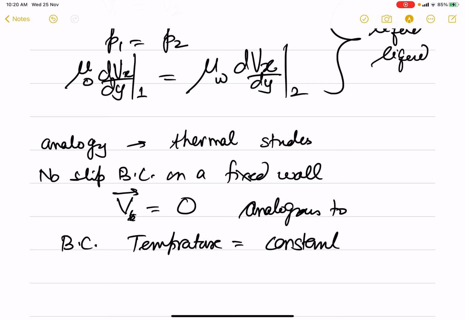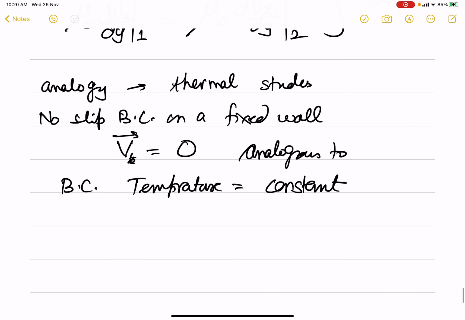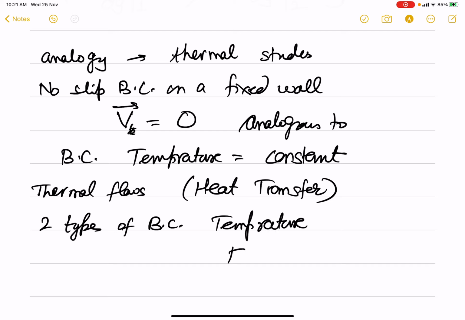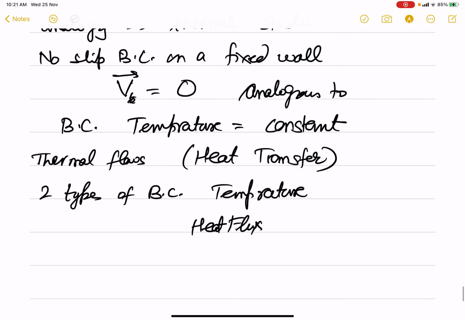Now you may not have done a heat transfer course, but when you do it you will see that in flows with heat transfer, there are two types of boundary conditions. One is the temperature and the other is the heat flux. And the temperature boundary condition is given when we say T is prescribed or T is equal to constant on a boundary.